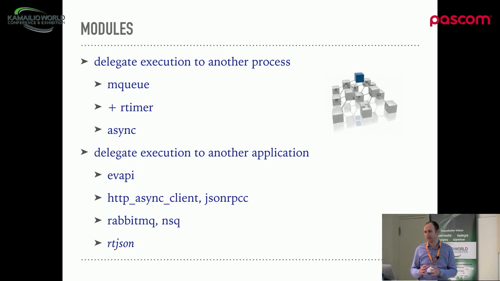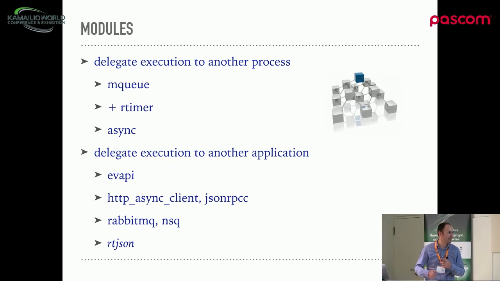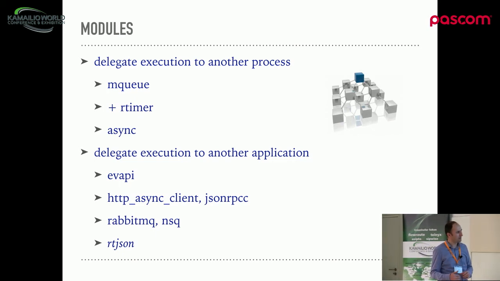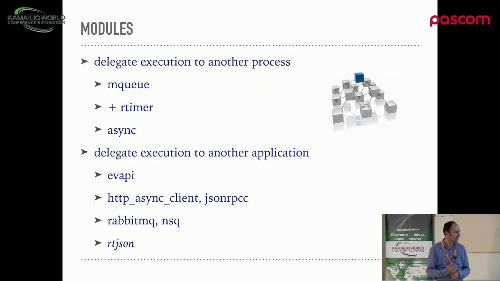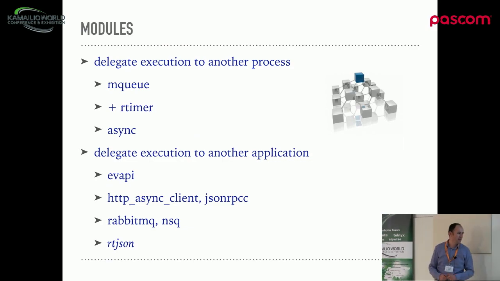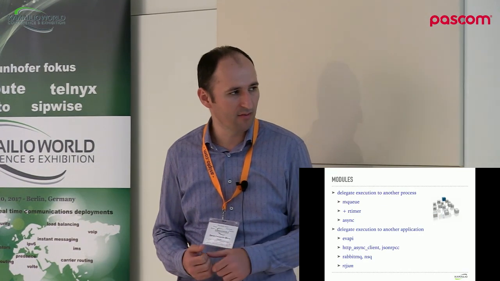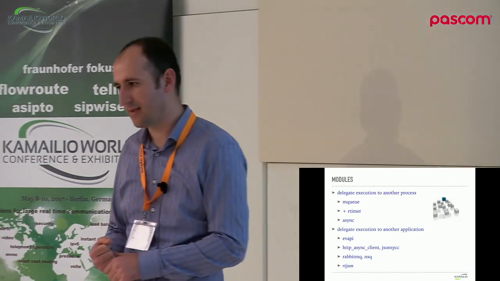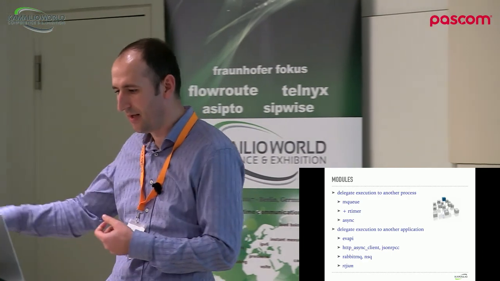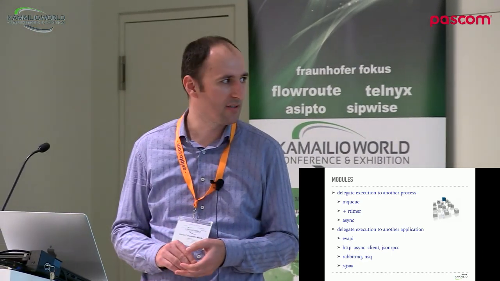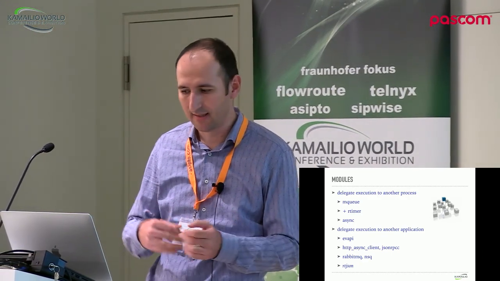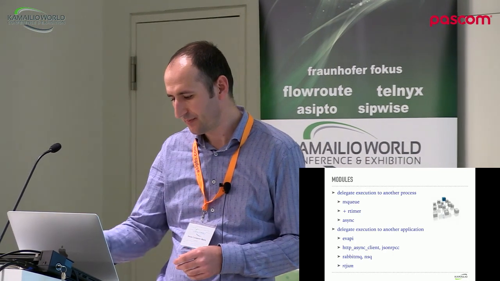They use netstring format, but also asynchronous. That means just push it to an additional process, and the SIP worker is continuing the routing. Then the typical buses, message queues like RabbitMQ, quite popular, and recent NSQ could be used to send the traffic to another application and then get some feedback.